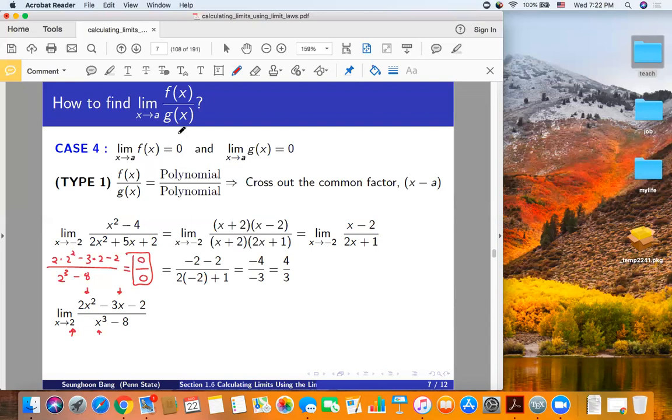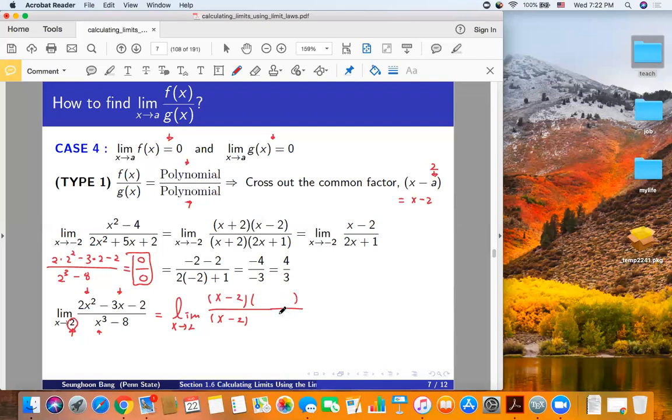So exactly the same as this one, type 1, polynomial over polynomial. What's the common factor? You can plug 2 in here, so the common factor is x minus 2. So we have the limit as x approaches 2, common factor x minus 2 on top and bottom. You can find the other factor.